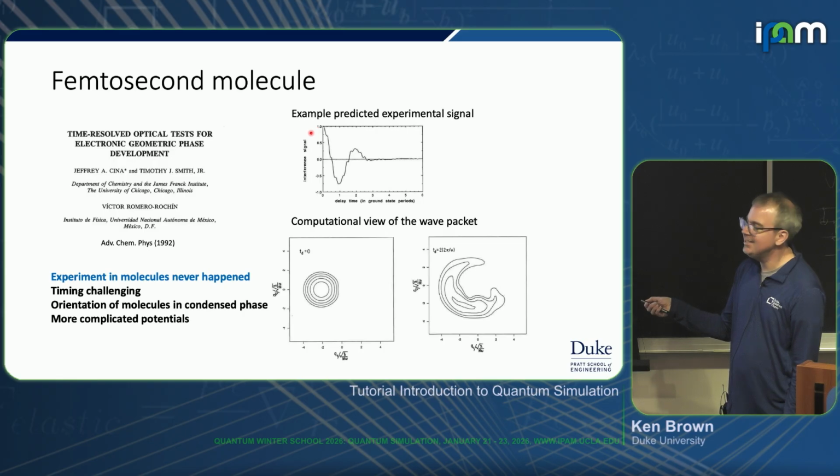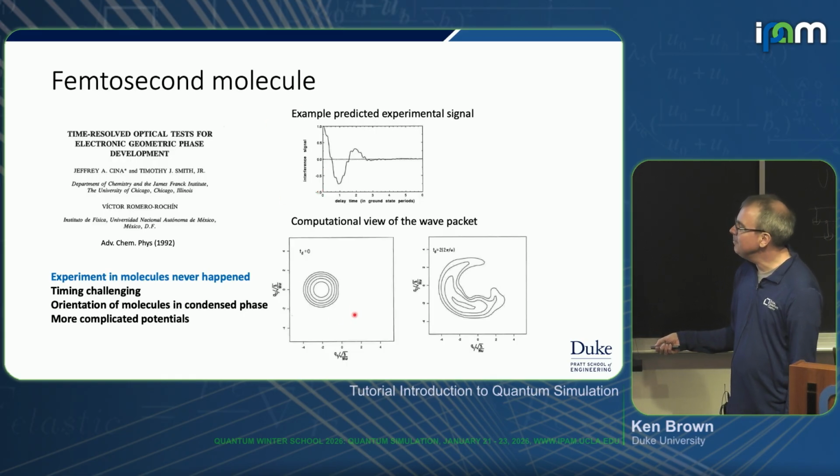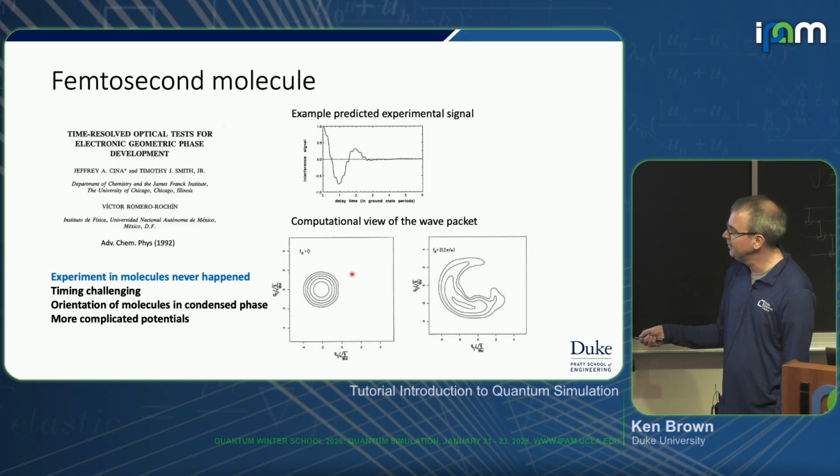And what they expect to see is a decaying cosine with a cosine on top, which could be many things, but that's what they expect to see. And then in their computer simulation, what they say is, okay, we're going to start with an oscillator displaced here.